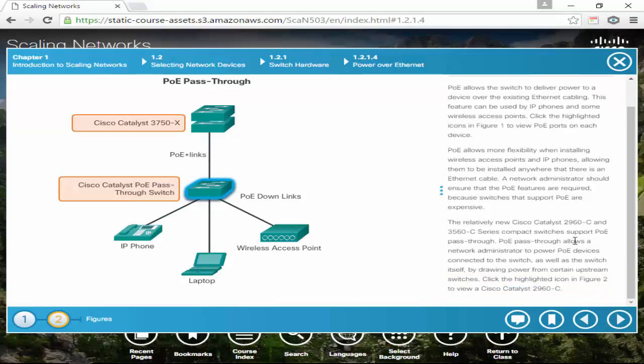PoE pass-through allows a network administrator to power devices connected to a switch as well as the switch itself by drawing power from certain upstream switches. Alright, so it doesn't actually tell us that, but maybe it is just one. I thought you had to run 2 cables to do that, but it actually generates more power than it is taking in. So say in this example, it's receiving 1 PoE link and giving 2. So it's a pretty impressive thing.